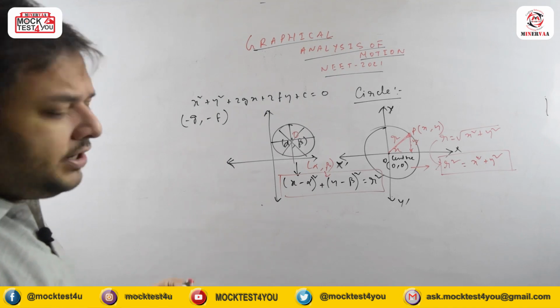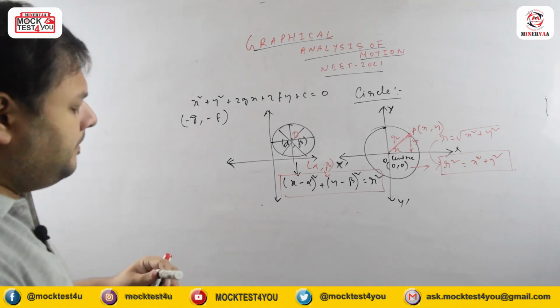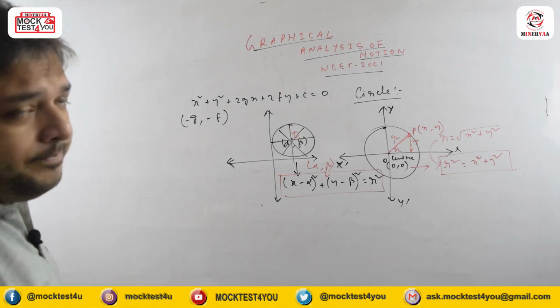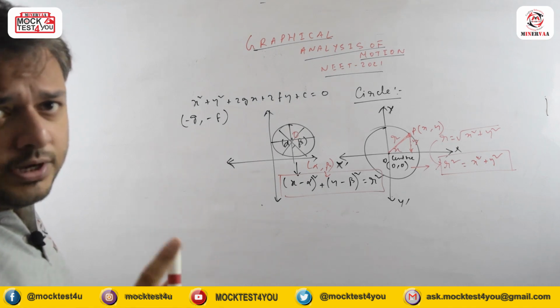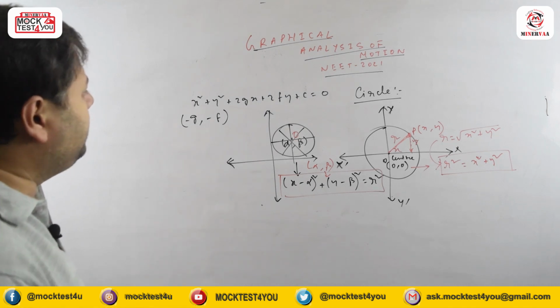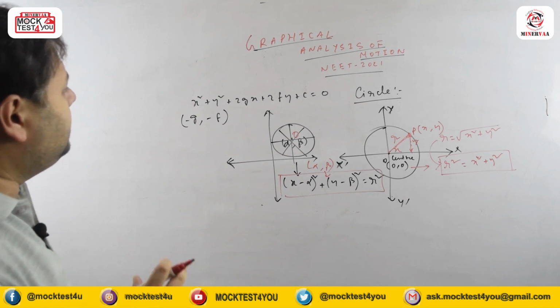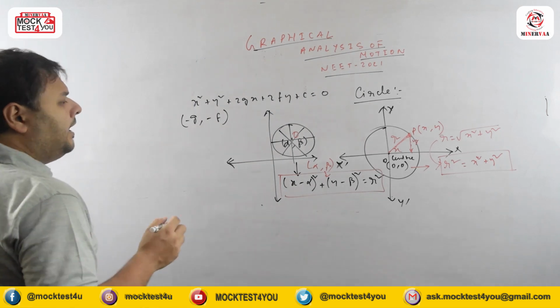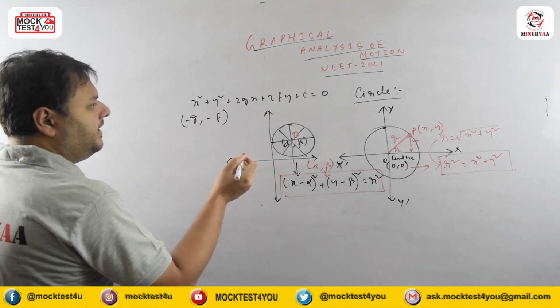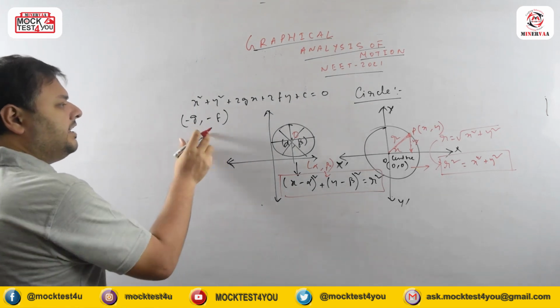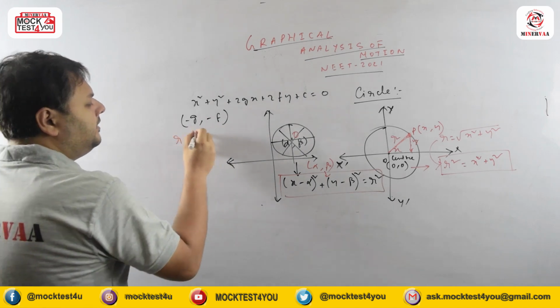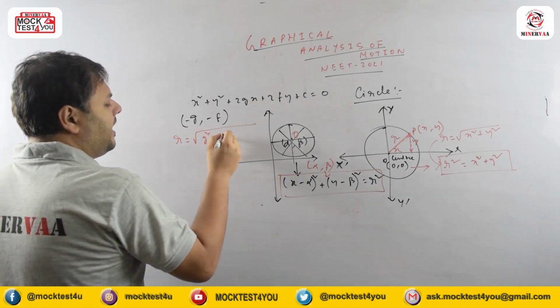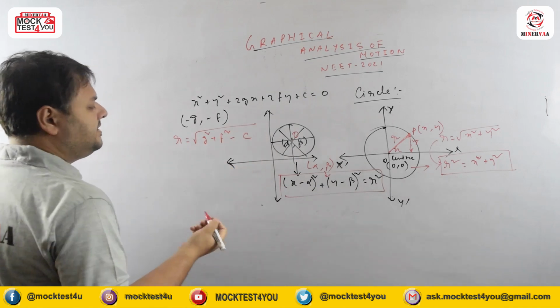So from here I can concentrate on this point, that when the center of the circle is at minus g and minus f, we know. Now from this idea we can have the radius like this: root over g square plus f square minus c.